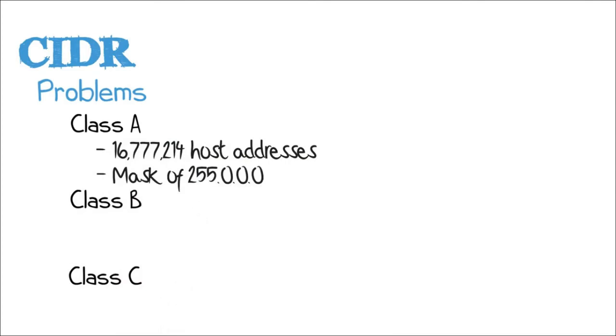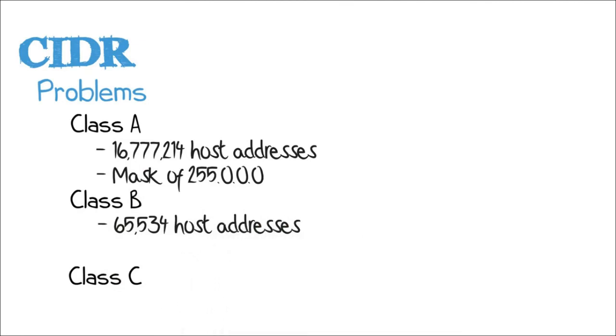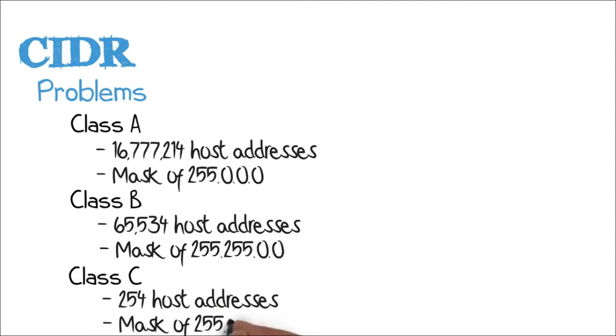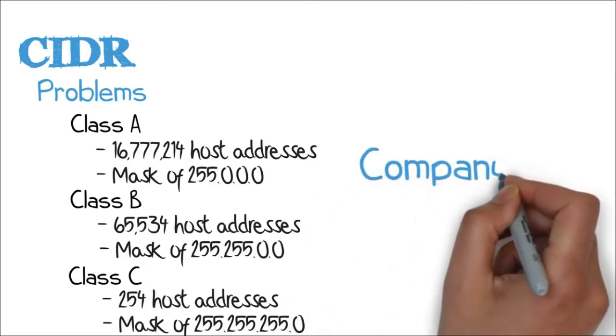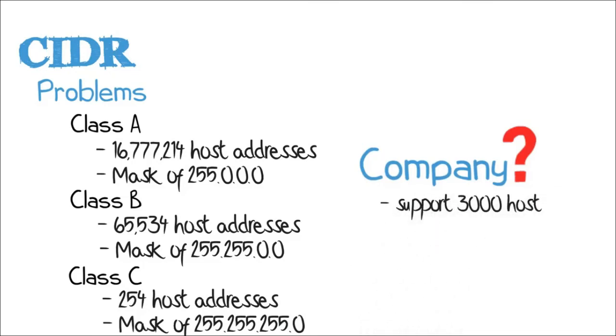Class B networks support about 65,000 host addresses with a mask of 255.255.0.0. Class C networks support 254 host addresses and use a mask of 255.255.255.0.